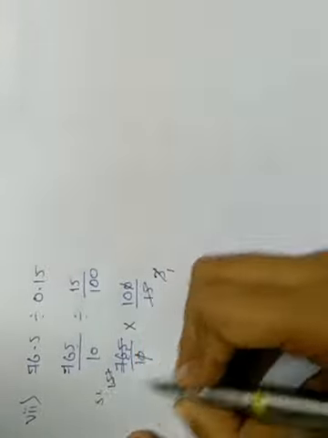Last question, 6th one. A vehicle covers a distance of 43.2 kilometers in 2.4 liters of petrol. How much distance will it cover in 1 liter of petrol? Here they have given that in 2.4 liters of petrol it covers a distance of 43.2 kilometers, right?